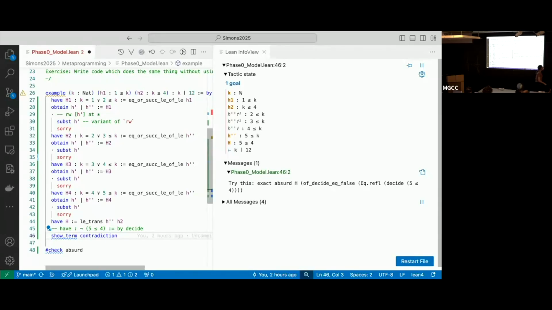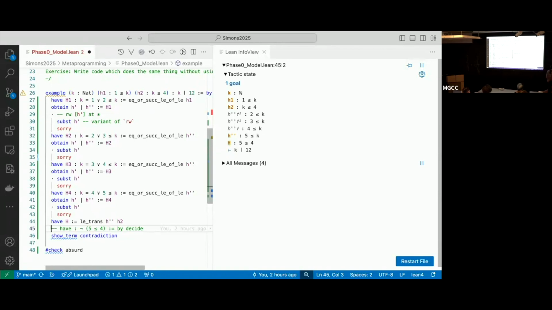Okay. Now we need to ask how Lean came up with these two pieces. So the 5 less than or equal to 4 is this H here. This H is our proof that 5 is less than or equal to 4, and that too is a proof term. It really is the LE trans lemma applied to two pieces.